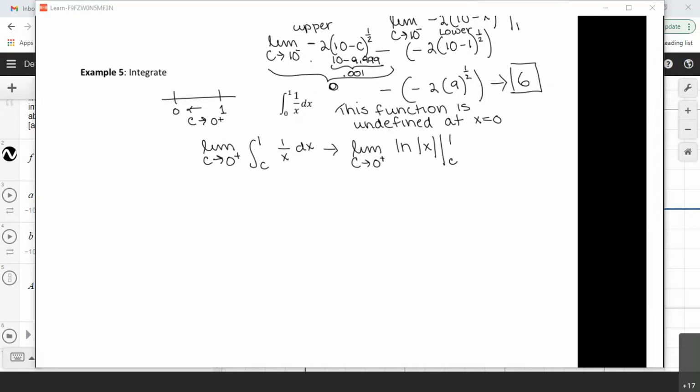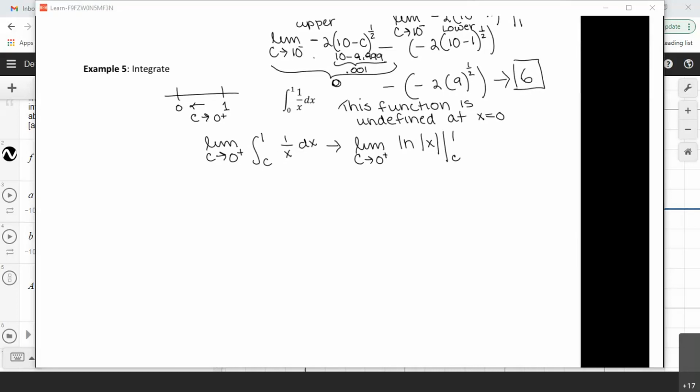And again, you have an integral cheat sheet in the Canvas course, so have that handy in case you don't want to memorize all this stuff. Now, doing the fundamental theorem, I have my upper minus my lower. At my upper bound, ln of the absolute value of 1, minus the limit as C approaches 0 from the positive side.